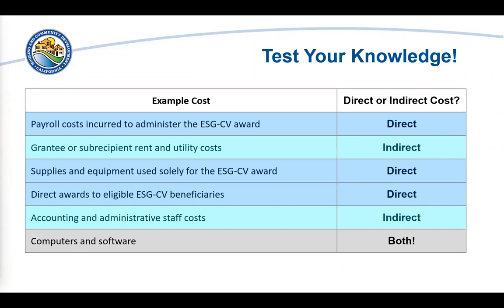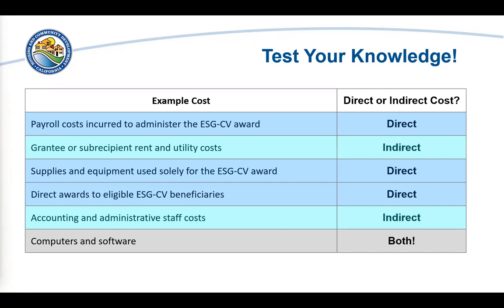Rent and utility costs and accounting and administrative staff costs are indirect costs, since those costs are not directly attributable to the ESG CV award, but rather are attributable to multiple funding sources, right? If you think of a county or a city, even a nonprofit, ESG CV is not the only thing you've got going on.